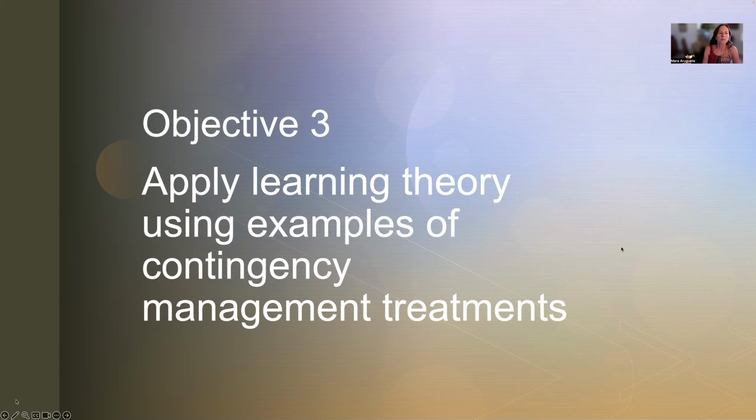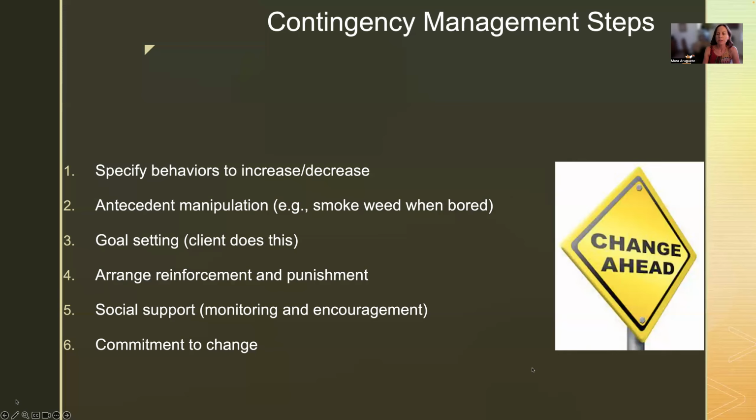Okay, so moving right along, let's see what they are. Let's talk a little bit about contingency management. How does it work? And then we'll talk about some specific examples. Initially, when you go into therapy for contingency management, you're going to specify exactly what behaviors to either increase or decrease. Maybe you want to increase some healthy behaviors, like going to work more often.